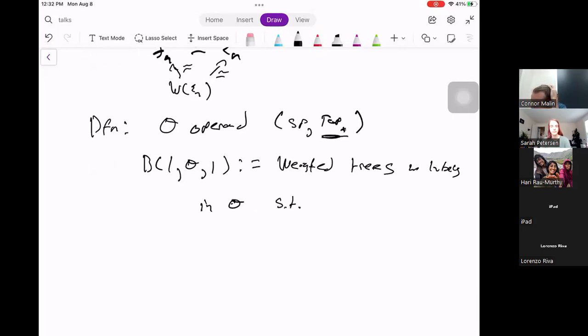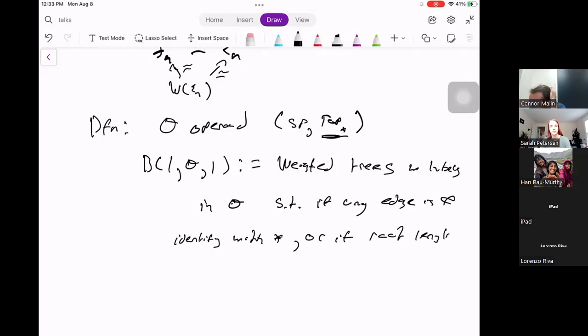such that if any edge length is infinity, we identify with the base point. Or if the root length is 0, we identify with the base point.